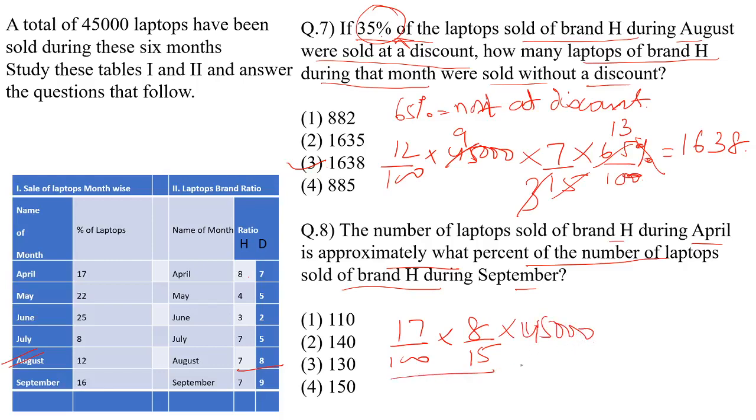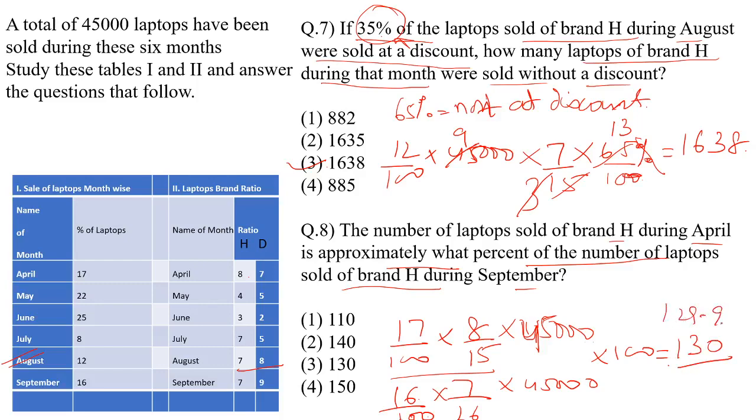You should not write it, but for those who don't know, I wrote it, okay? And brand H during September is 16% of 7 by 16 into 45,000, into 100. When you solve it, you will get 130. Approximately it will be 129.99, that is equal to 130. So option number 3 is correct.